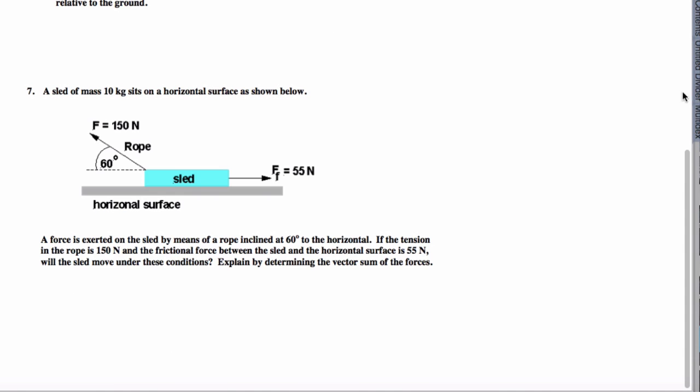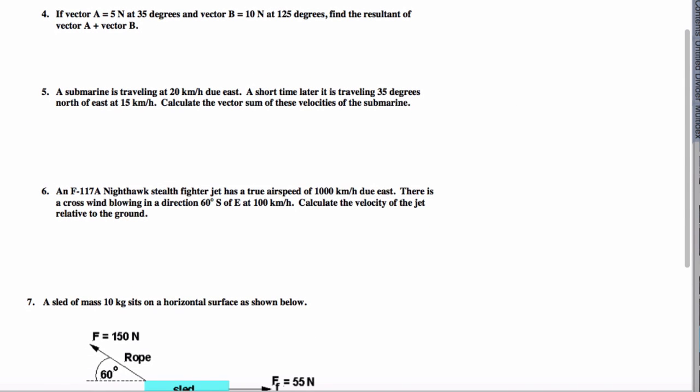That's 3. And for number 4, a vector. Oh boy. So we got A, which is 5 at 35, and then we got B, which is 10 at 125 degrees. So again, A is going to be 5 cosine 35, 5 sine of 35.